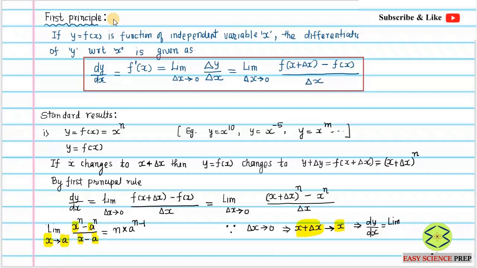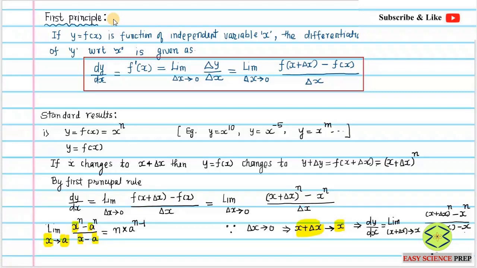So it is going to become x plus delta x tends to x, and here we already have x plus delta x raised to n minus x raised to n, divided by, delta x can again be written as x plus delta x minus x. The same format is coming.